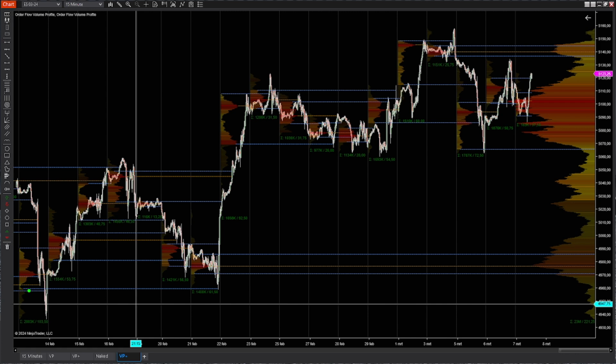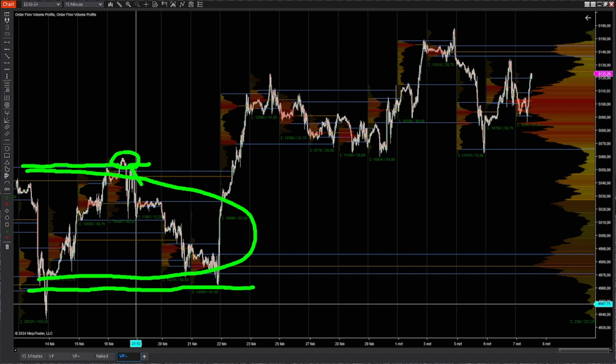You can see in this example right here, we have a former edge of a value area. Market retested this and shoots up. Also here we have a former top of a value area. Market retests and goes down to stay in this value zone.